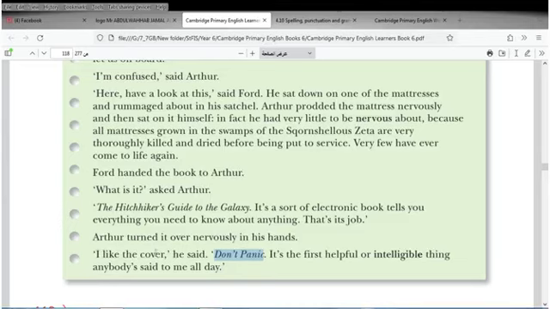He said, I like the cover. He said, don't panic. So he is trying to what? To emphasize or to stress or to highlight that this is the title of the book. And it is something different from what? From the narrative. I'm trying to make this thing different from those or these, if you understand.